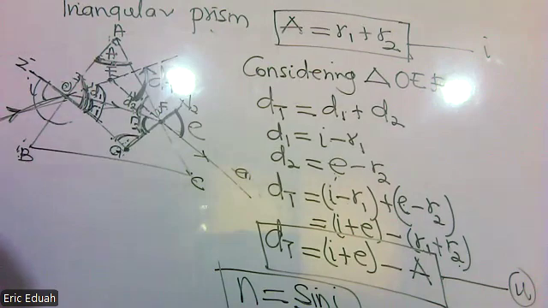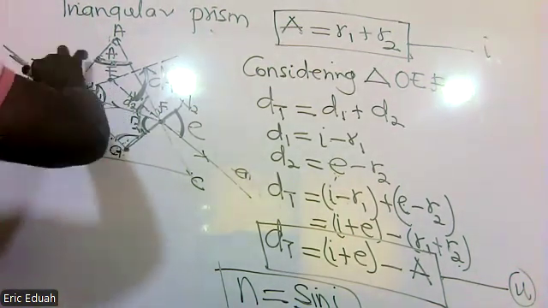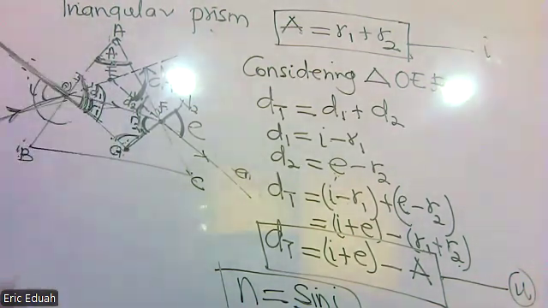Let me draw the normal very well. So if I is 0, then it means that the incident ray must be along the normal, meaning the normal and the incident ray are parallel. And parallel lines have an angle of 0 between them.